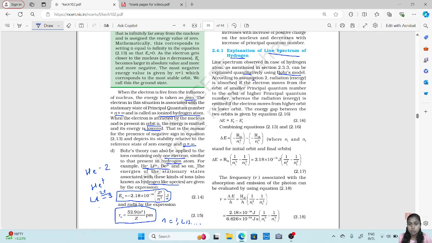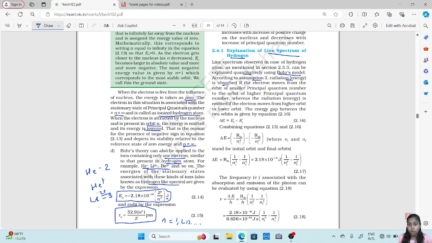According to assumption 2, radiation, that is energy, is absorbed if the electron moves from the orbit of smaller principal quantum number to the orbit of higher principal quantum number.